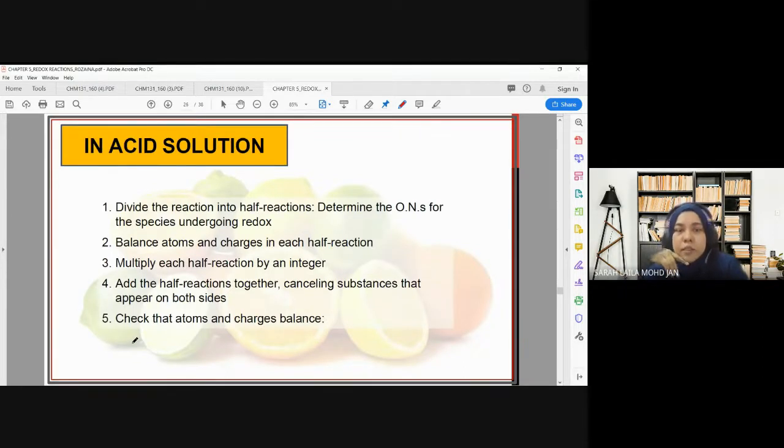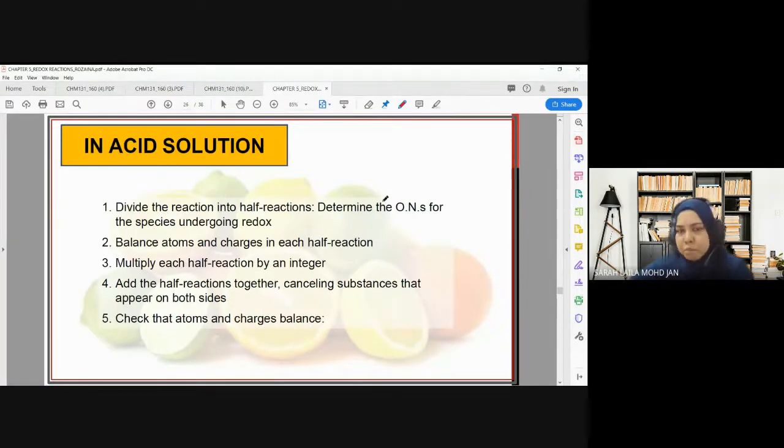Okay, so there are two different condition in order to balance this redox equation. Satu, when we put this in the acidic solution ataupun acidic medium. Okay, so ini adalah step-step dia 1 sampai 5. Tapi saya akan ajar one by one.